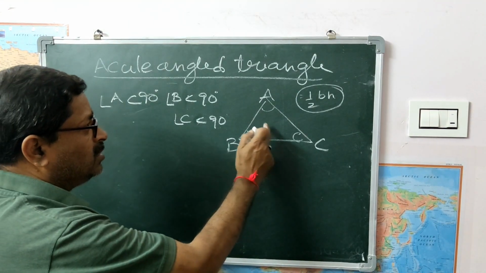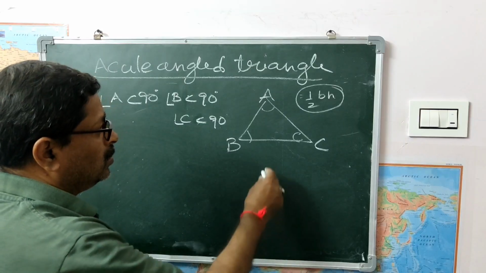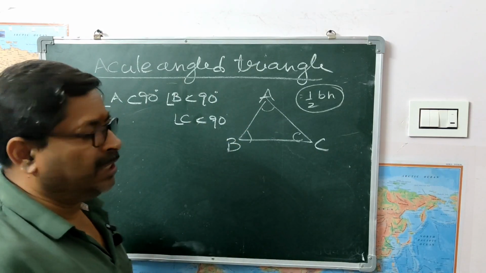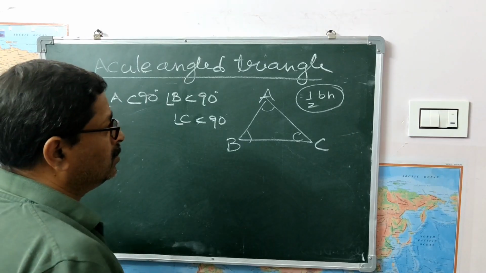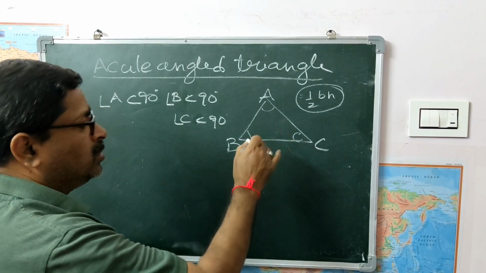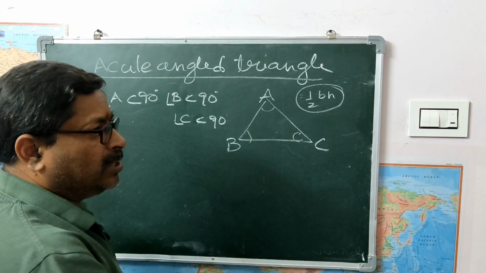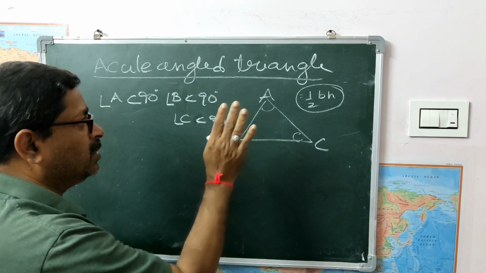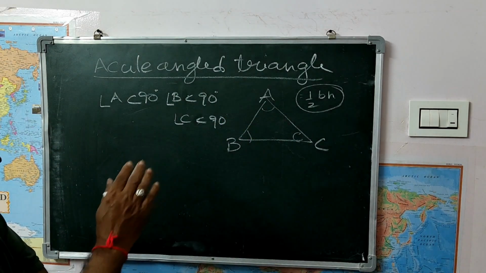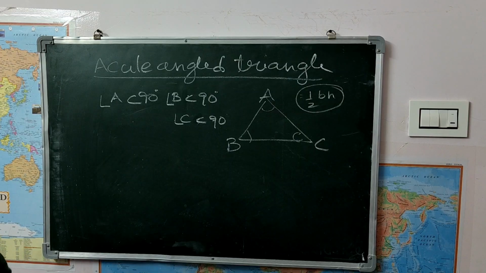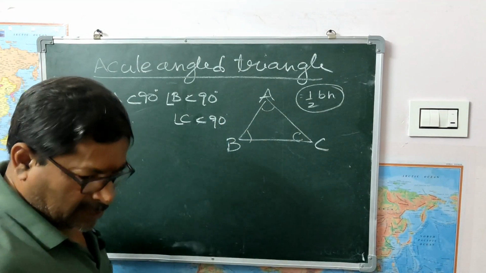The orthocenter lies in the interior, circumcenter lies in the interior, incenter lies in the interior, orthocenter, circumcenter, centroid, and all four centers lie in the interior of the triangle, because this is what you must know, interior or exterior, that's all, interior of the triangle.